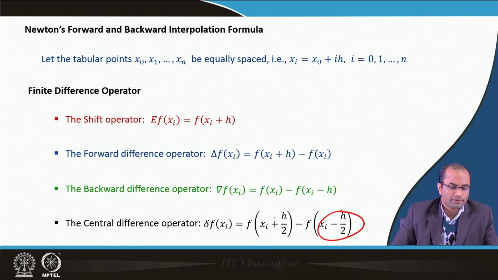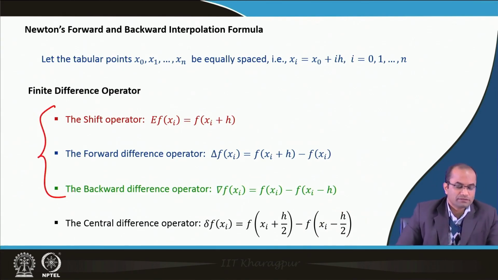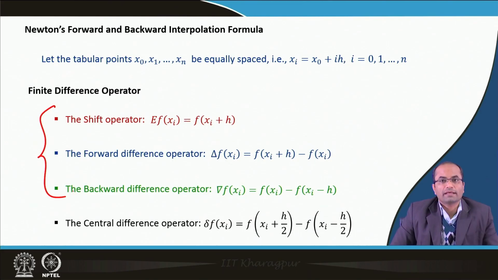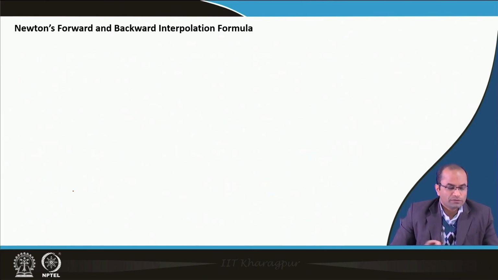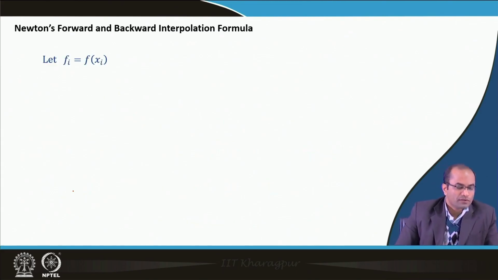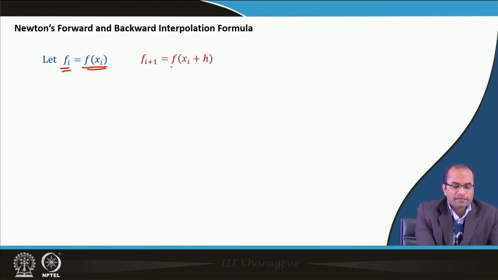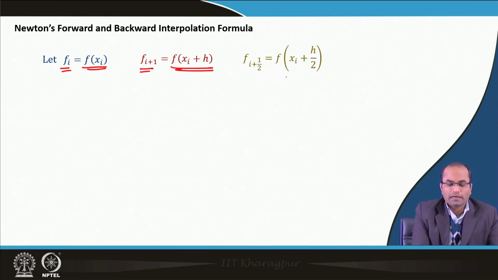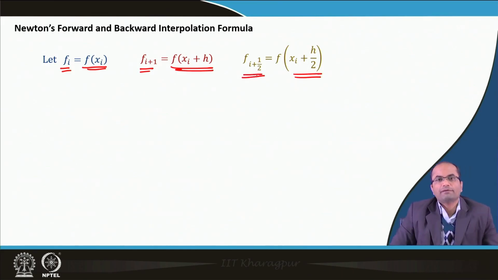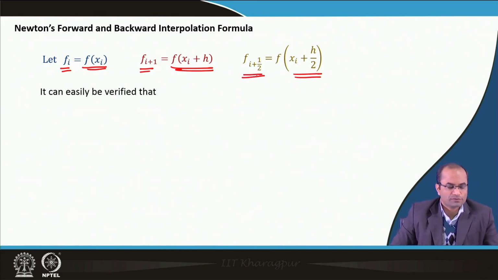So, having these operators, mainly the first three, shift, forward and backward, we will continue with some relations between them. Let us assume for simplicity that f at x i is denoted by f i, f x i plus h is denoted by f i plus 1, and f x i plus h by 2 is denoted by f i plus half, just for simplicity of writing.